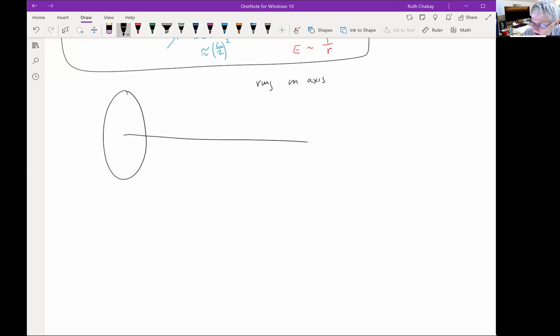And a ring has some parameters. So the ring has a radius, and it's got a charge Q. And of course, our integration variable here is actually going to be theta, because as we step around the ring, we're stepping theta as we go around. So we're integrating with theta.